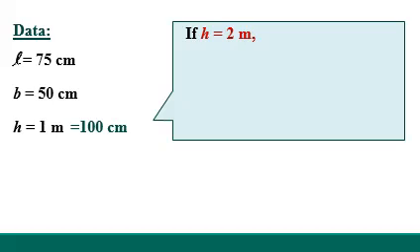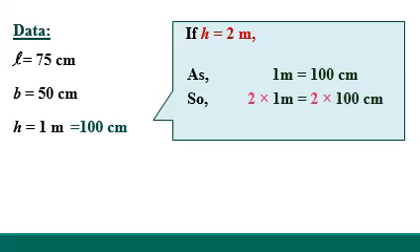Firstly, we'll write down the fact that 1 meter is equals to 100 centimeters. So we need to convert height, which is equals to 2 meters, into centimeters. Therefore, we are going to multiply the both sides of this equation by 2, like this.